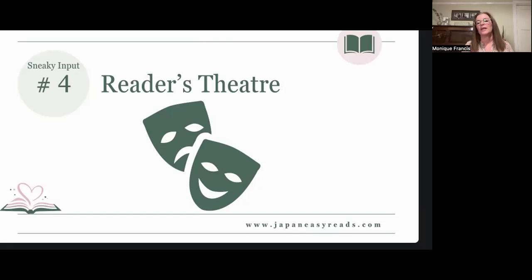For the JapanEasyReads books, we focus on the Super 7 words and question words. So those are desu, janai desu, suki desu, suki janai desu, ni ikimasu, o shimasu, ga hoshii desu, ga hoshikunai desu, and nani.